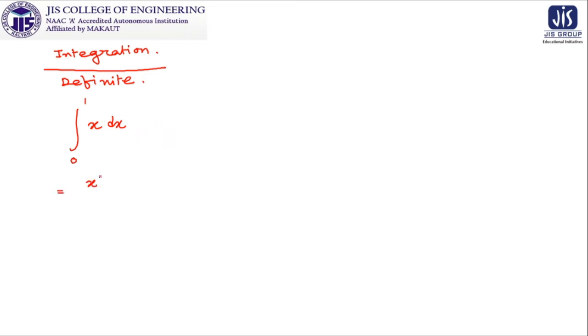If we are thinking about integration, and to be specific, if we are thinking about definite integration, we can recall that we are doing these types of problems, integral from 0 to 1 of x dx, and we are doing the problem according to our classical methods, that is x square by 2, from 0 to 1, and after that we substitute and get 1 by 2 as our answer.